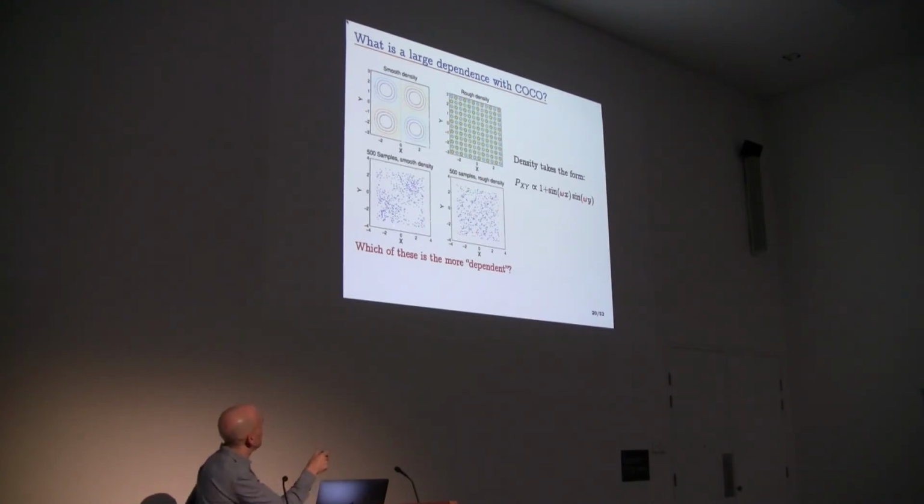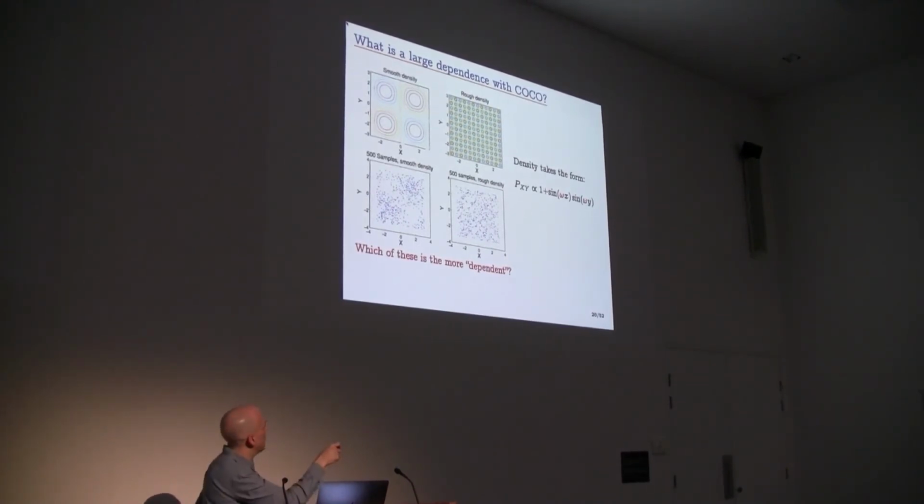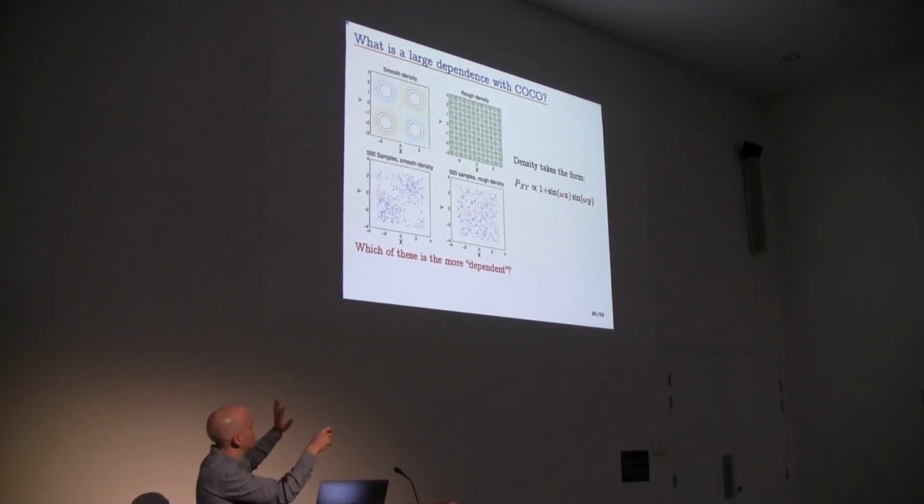This is a low frequency case, so here I've got my points scattered according to this density, so I see fewer points here and more points there. And this is the high frequency case, where I've got this very high frequency pattern. All right. So according to constraint covariance, which of these two is more dependent?